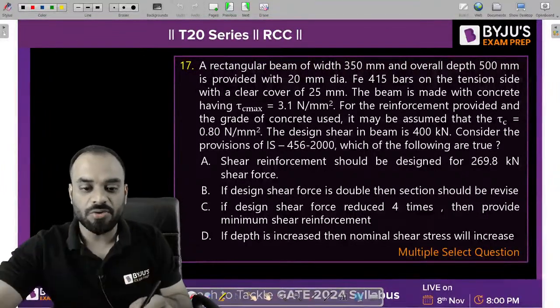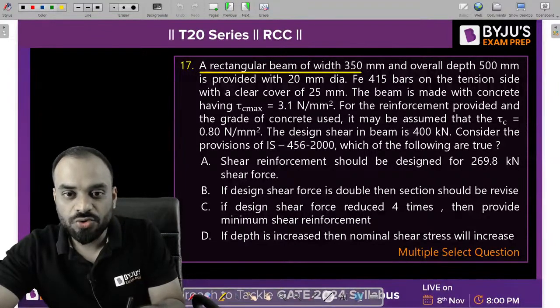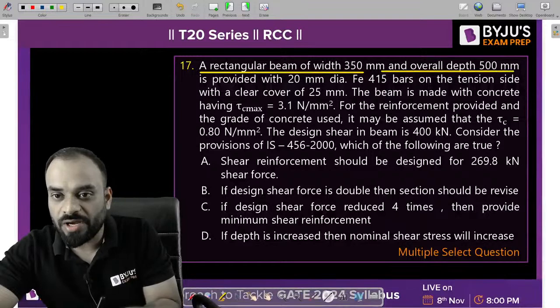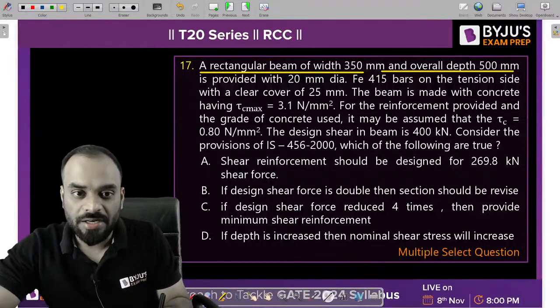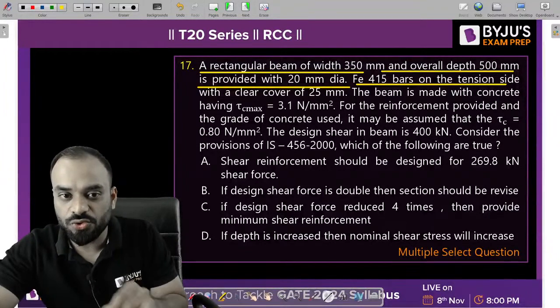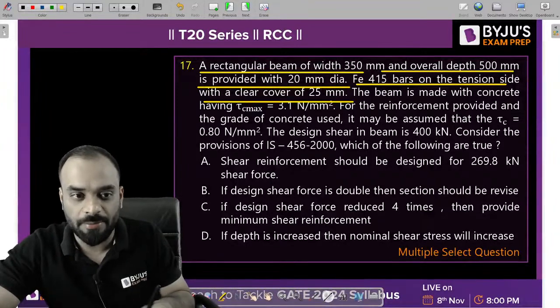So kindly read the question first. A rectangular beam whose width is 350 mm and the overall depth is equal to 500 mm is provided with 20 mm dia Fe415 bars on the tension side whose clear cover is 25 mm.